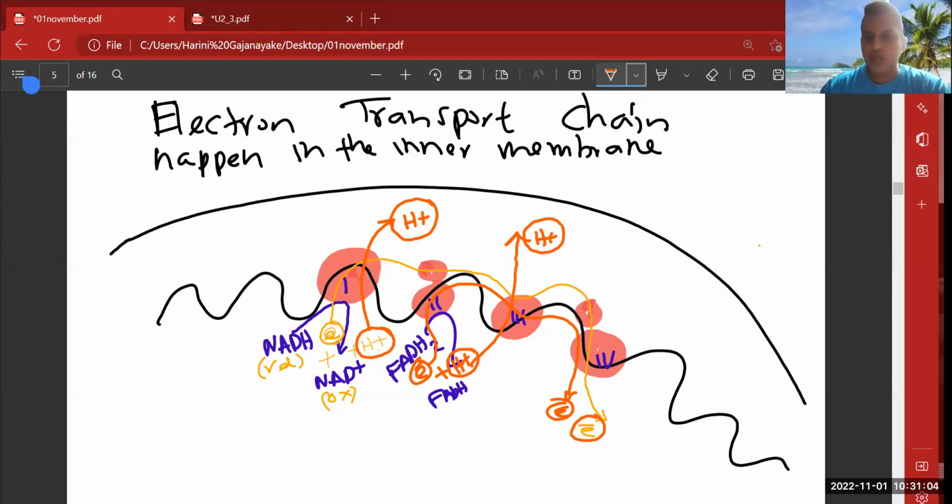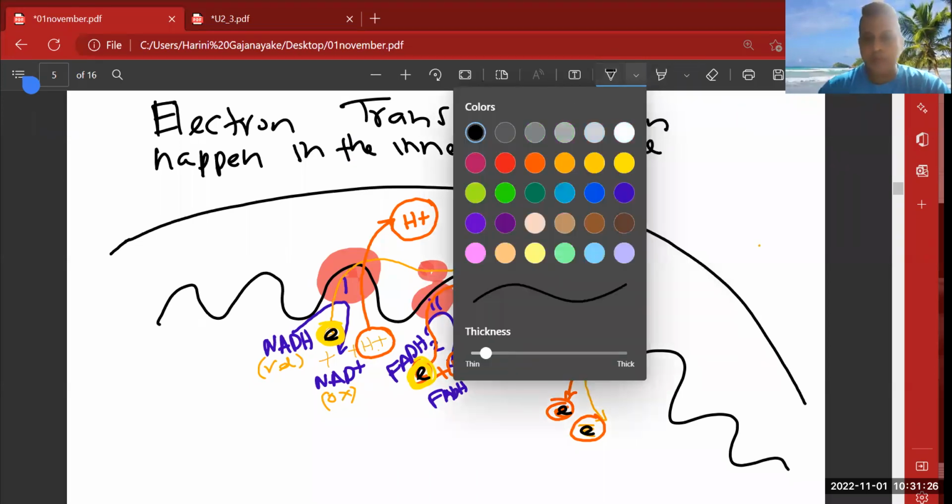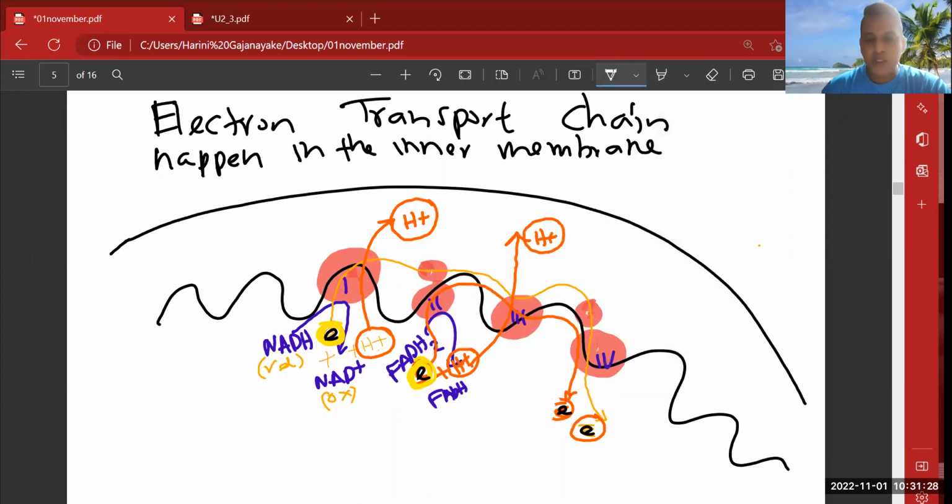If I show you this electron with a yellow circle around it, the circle shows the energy of this electron. But when it comes to the end, there is no energy. The energy is used to pump hydrogen ions out. So they don't have any more energy now.